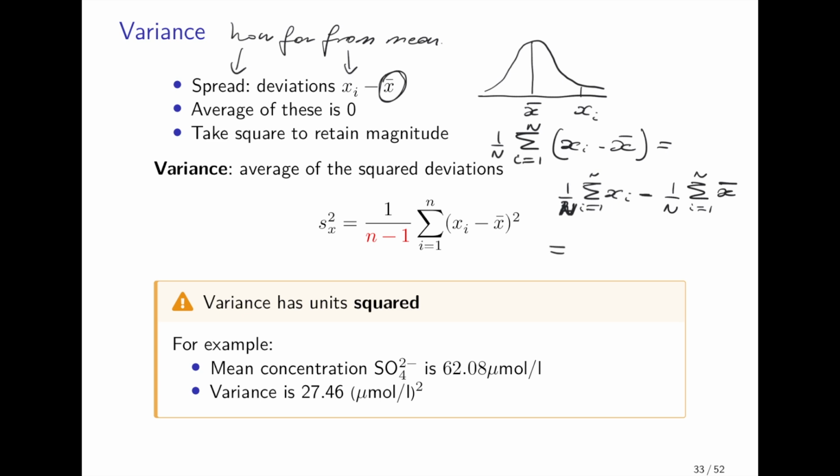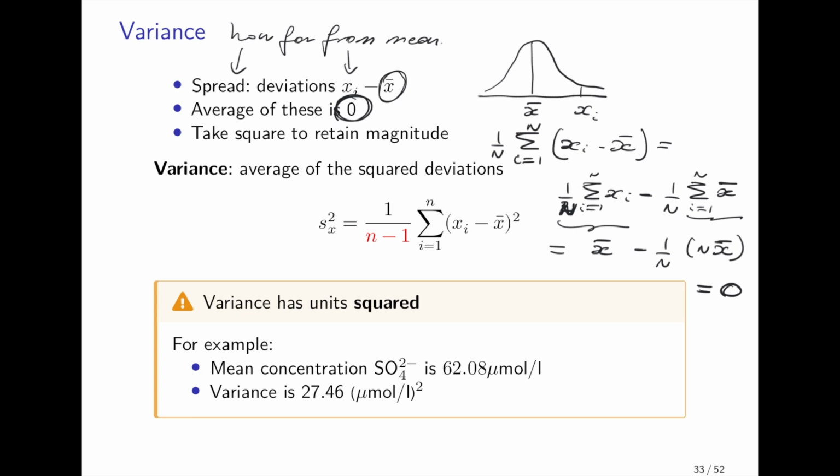Now this first quantity, that's just x bar. And then the second quantity, the x bar doesn't have a summation index i in it. So this thing right here is n times x bar. And together with the factor 1 over n, you see that these two terms exactly cancel each other out. So if you take the average spread, that's no good, because that's always going to give you exactly 0.